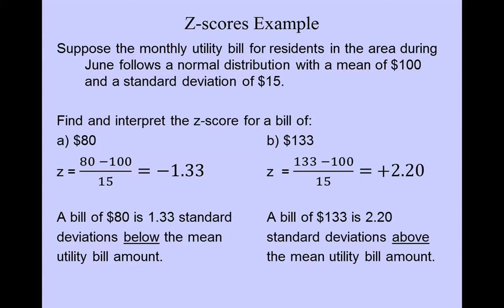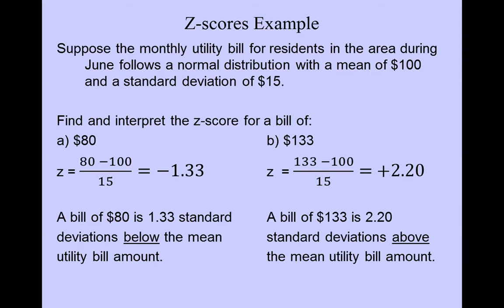For $80, the z-score is calculated as 80 minus 100, with that result divided by 15 to give negative 1.33. For $133, the z-score is calculated as 133 minus 100, with that answer divided by 15 to give 2.20.